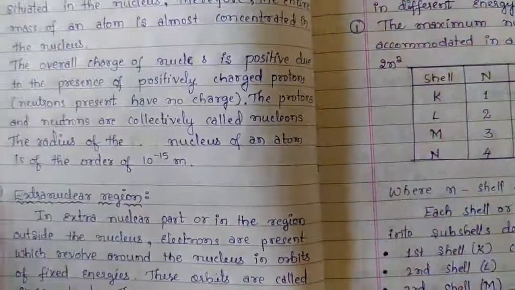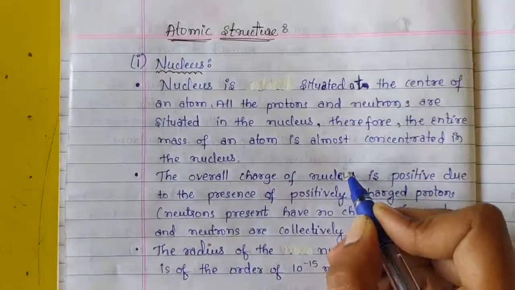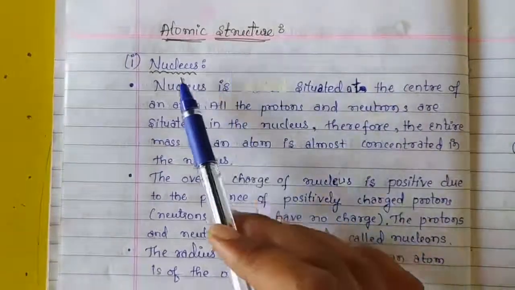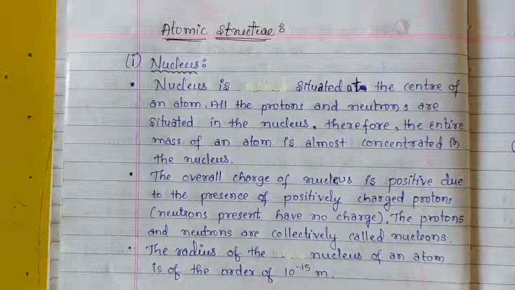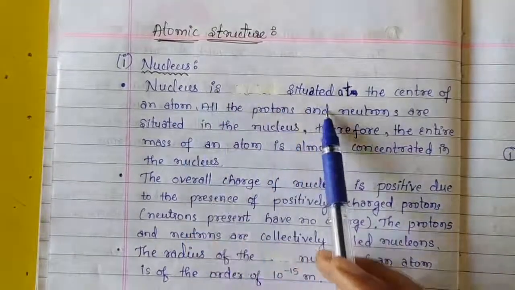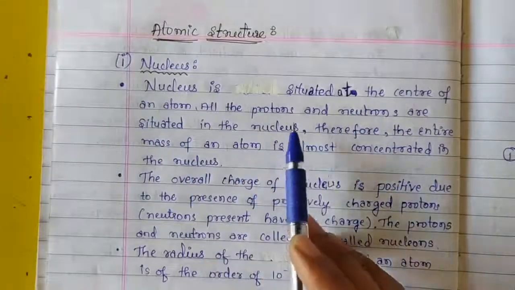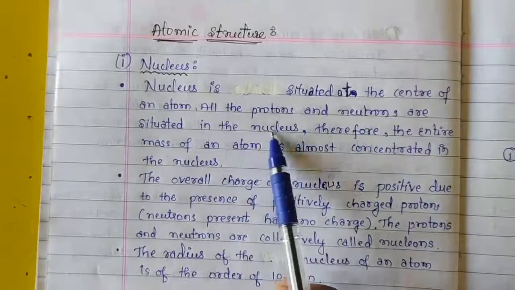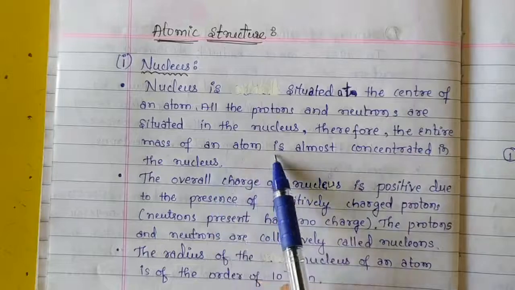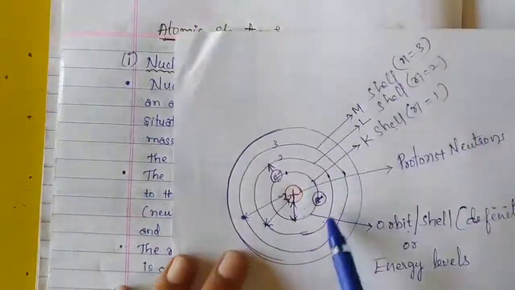Now we will see the atomic structure. Children, the atom is divided into the nucleus and the extranuclear region. The nucleus is situated at the center of an atom, and all the protons and neutrons are situated in the nucleus. Therefore, the entire mass of an atom is almost concentrated in the nucleus. See here, this is the atom.